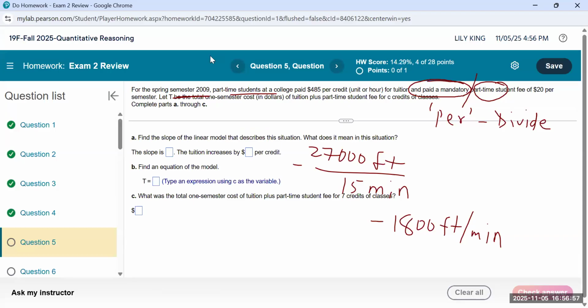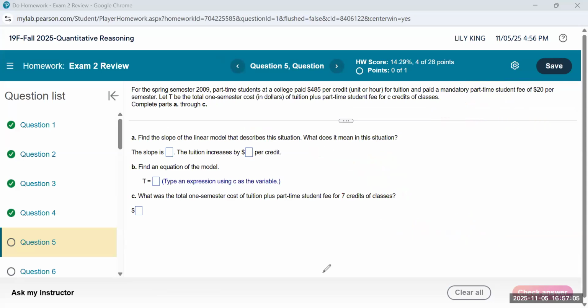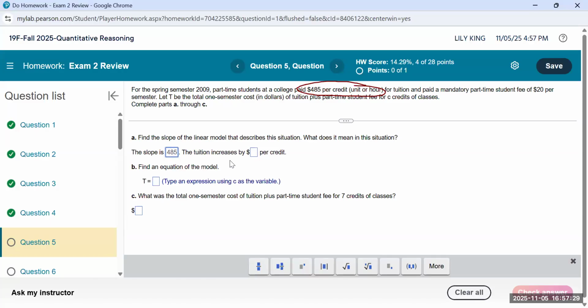Now, next we have to determine the slope from the problem. The slope is a recurring change, and we are looking at how the tuition changes with respect to the number of credits. So over here, we have a slope of $485 per credit. That is the slope, and this means that the tuition increases by $485 per credit.